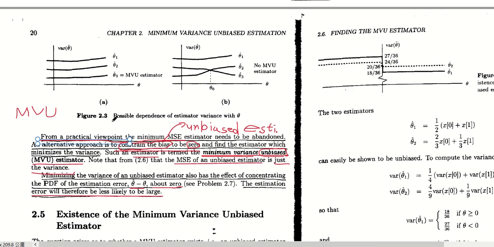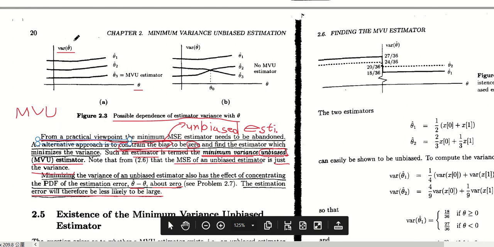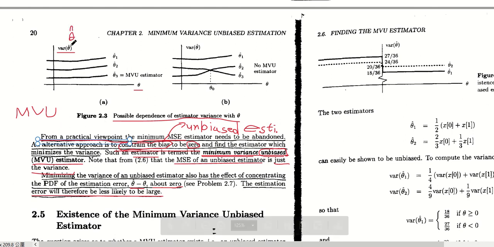Okay, so let's take a look at potential cases, possible dependence of estimator variance with data. So this is the variance of theta hat versus theta. I want you to pay attention that this is theta hat, meaning that it's an estimator, and this is theta, meaning that it's the true value.